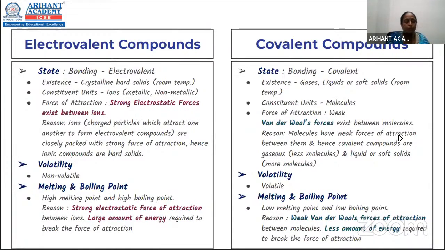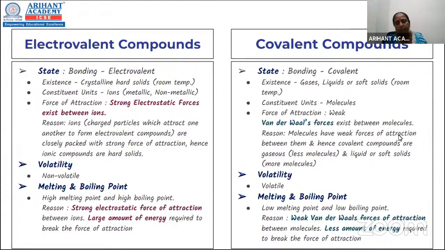It will be a solid because the bond is strong. Suppose I say sodium chloride is a solid. Why? It is because there are ions which attract each other, and there is a strong electrostatic force of attraction between the ions. So that is your keyword, strong electrostatic force.